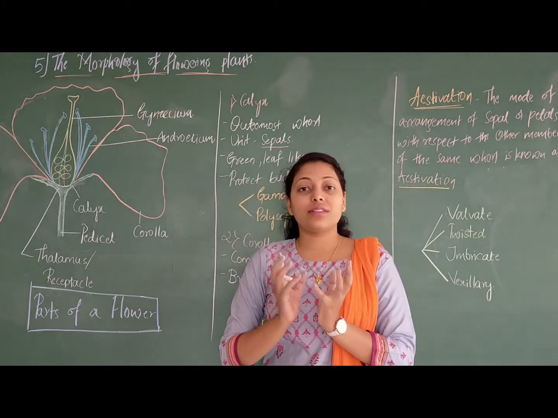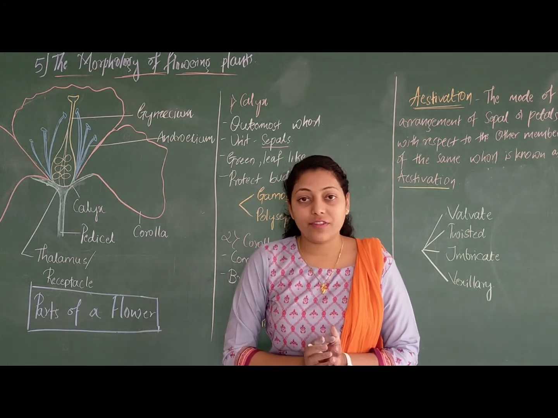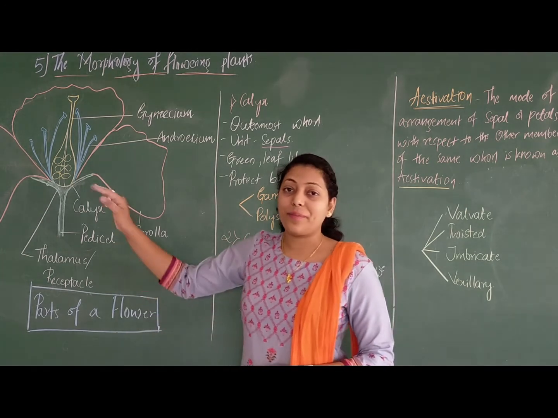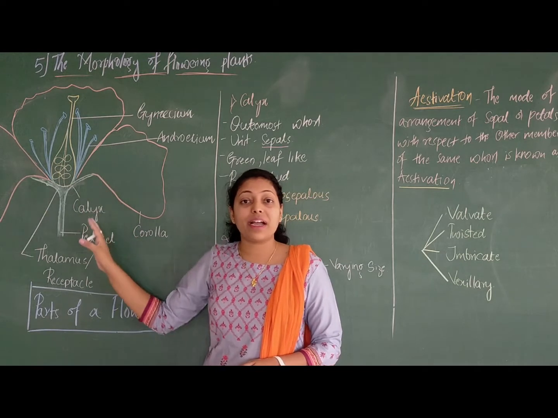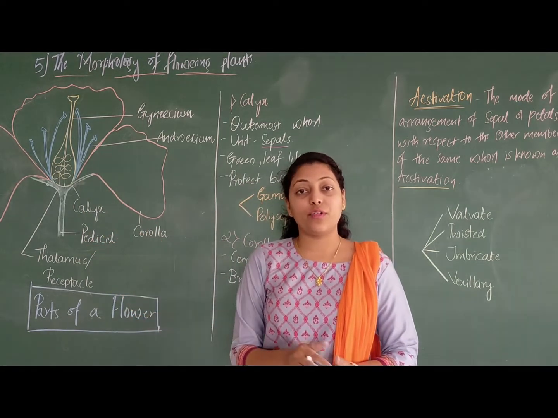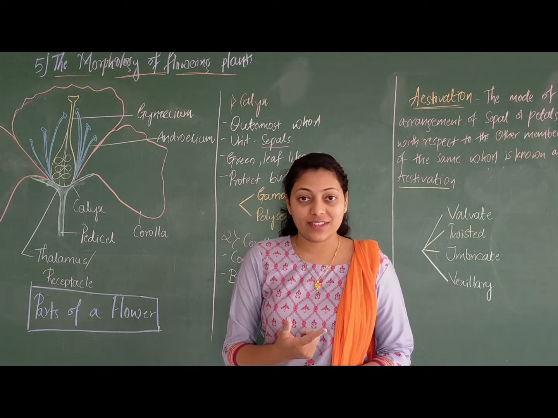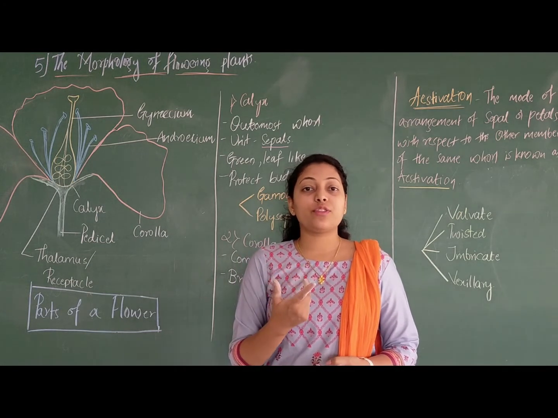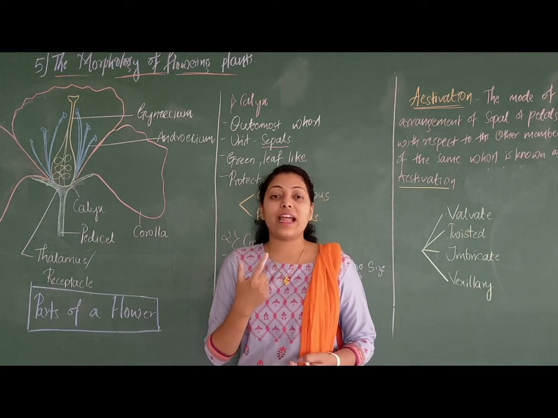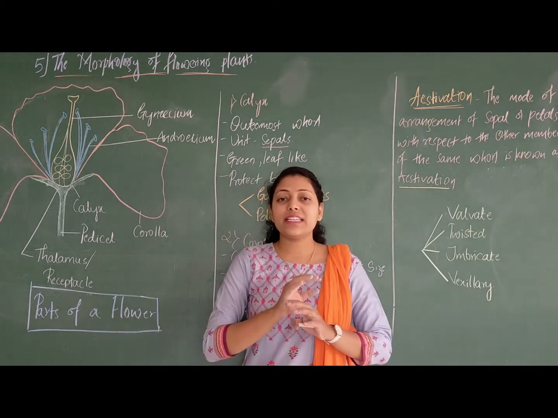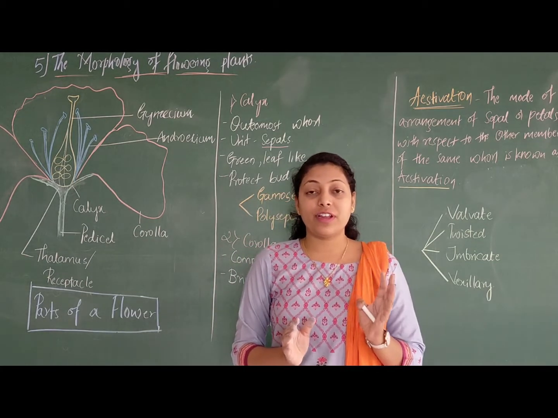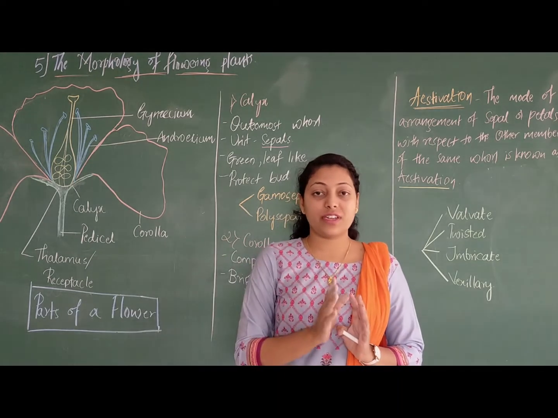So all these structures are present in a typical flower if the flower is bisexual. This is a bisexual flower which I have drawn on the board because it consists of both androecium and gynoecium. So there are 2 kinds of flower, one is bisexual and the other is unisexual. It is not a must that all flowers consist of all these different structures.